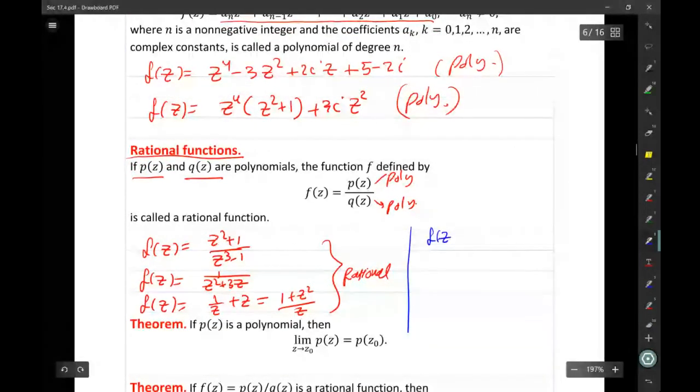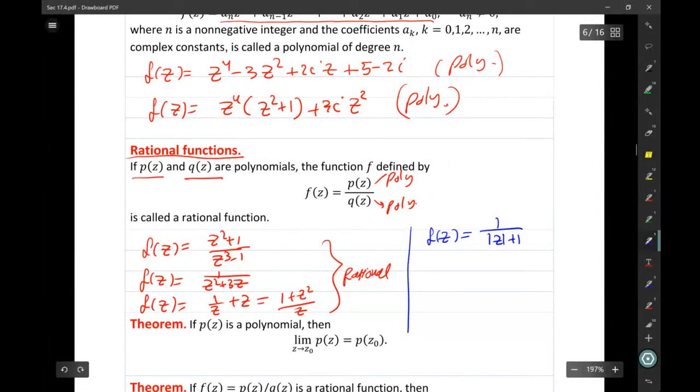But if we say that f of z is equal to 1 by modulus z plus 1, this is not a rational function. Why not rational? Because I have modulus z here, not a power of z, so the denominator is not a polynomial.